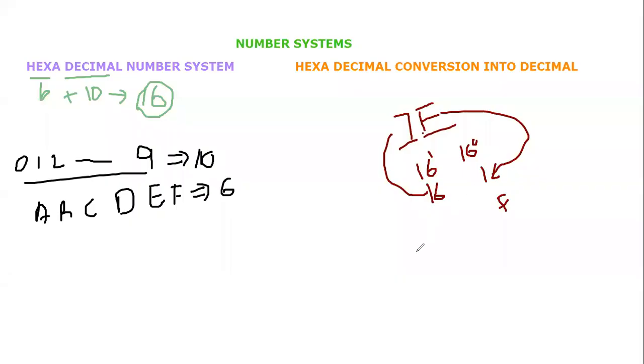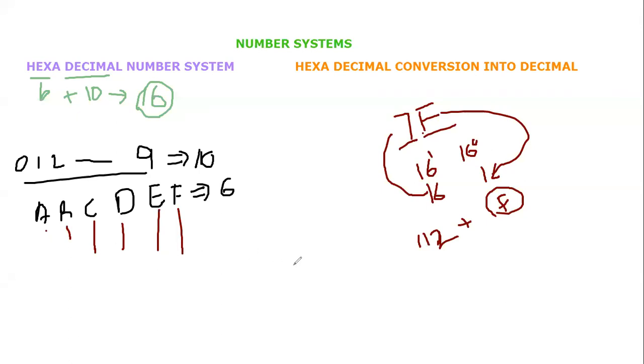So 16 sevens are 112, and how can we add 112 with F, right? F, if you consider it, is basically 15 in the decimal number system, because if you count 0 to 9, 9 is basically 9, 10 is A, 11 is B, C is 12, D is 13, E is 14, and F is 15.